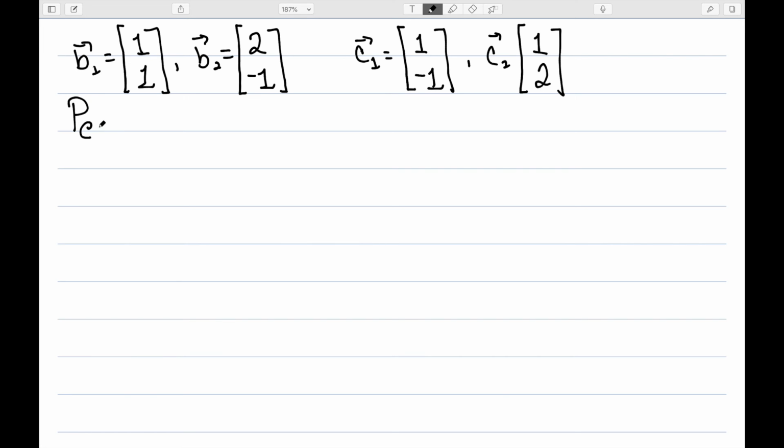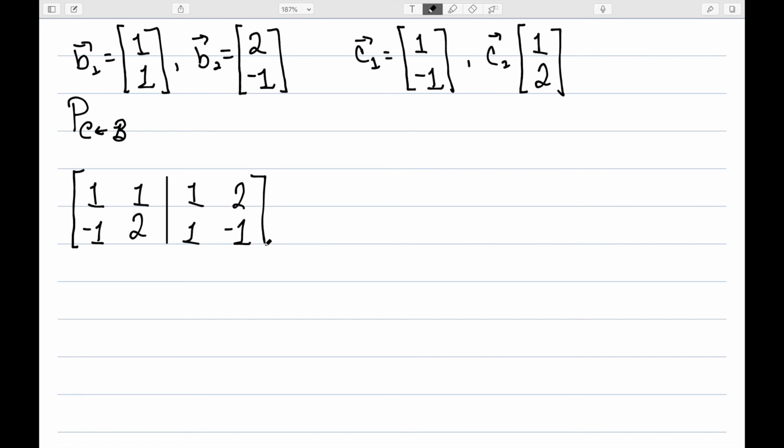We're going to start by looking for the one that goes from B to C. For this, we set up a matrix. We have C on the left and B on the right. And now we just need to row reduce this.